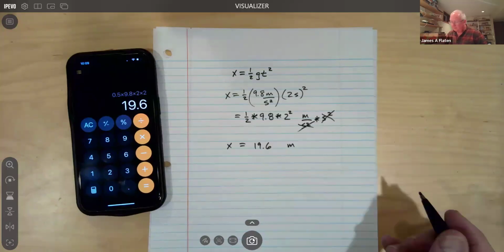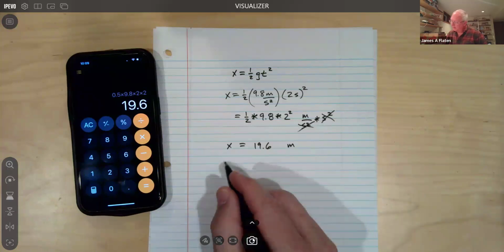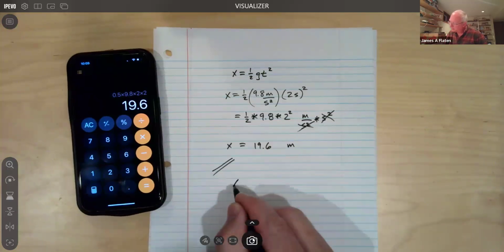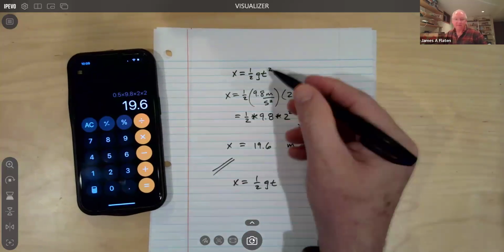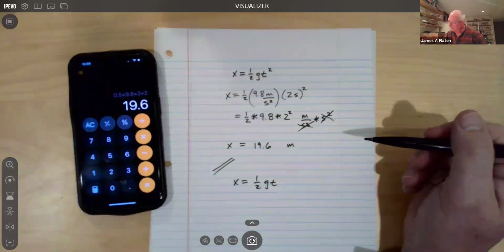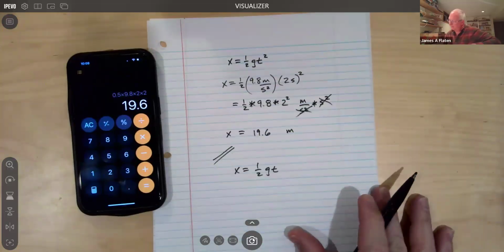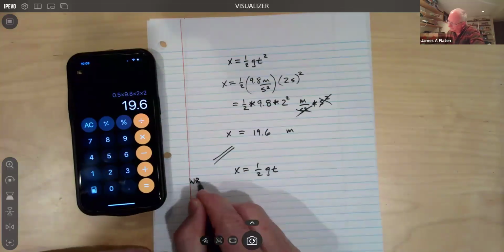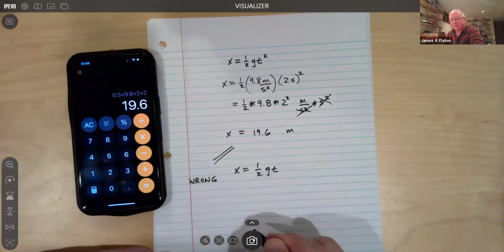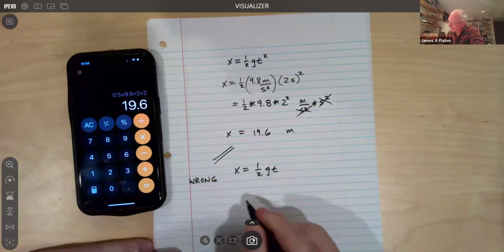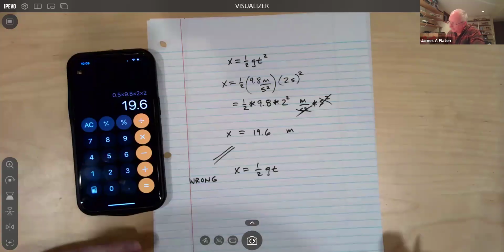If somebody was doing a calculation and at some point came up with the following equation, x is equal to 1/2 gt, and they forgot the t was squared, okay? Here's what would happen. This is wrong, but this is going to show you the benefit of keeping track of your units, okay? And so let's say you want to find out what happens in 2 seconds.